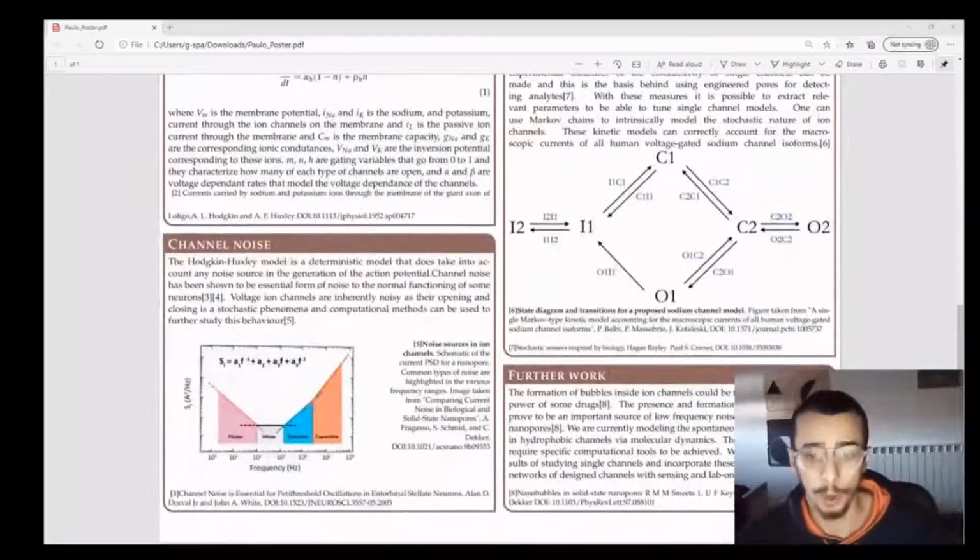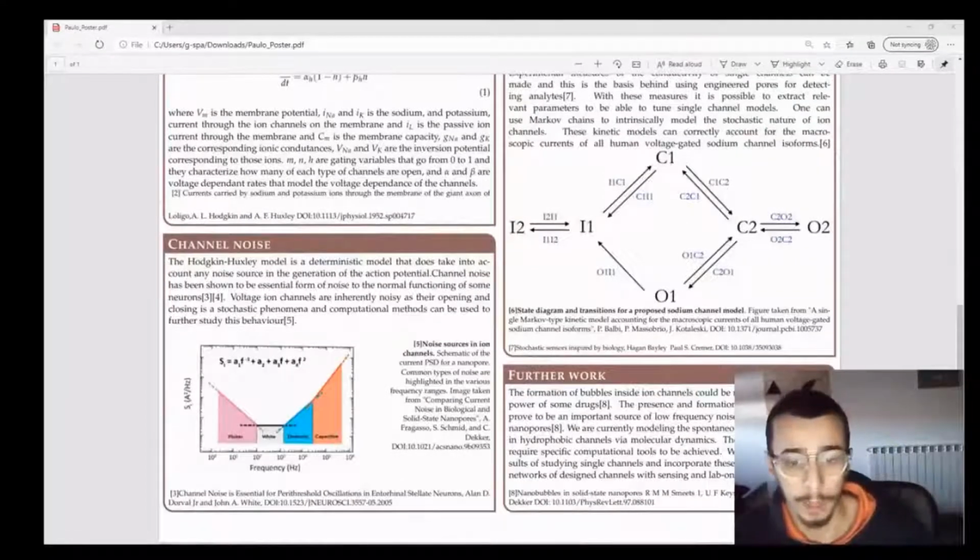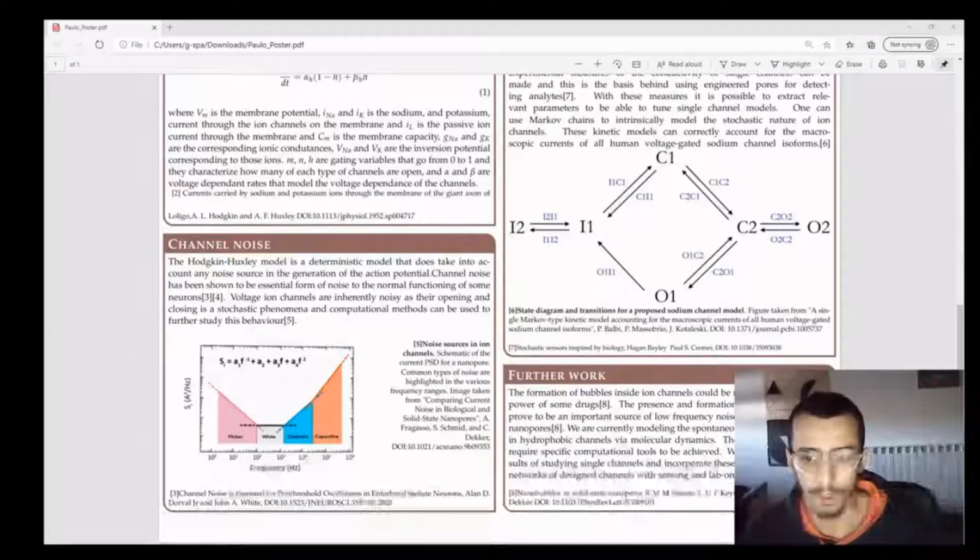Now it is known that some neurons do require noise for their normal behavior, and so studies on single channel noise have started to be developed.